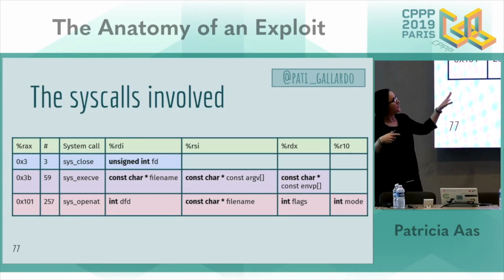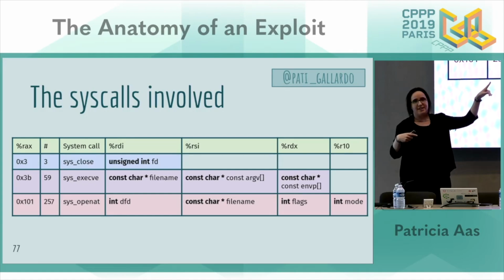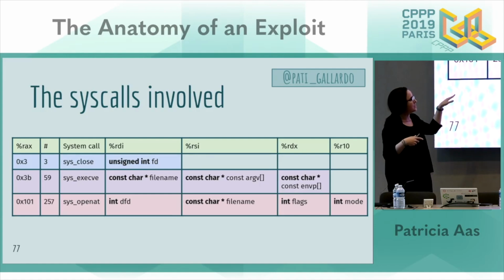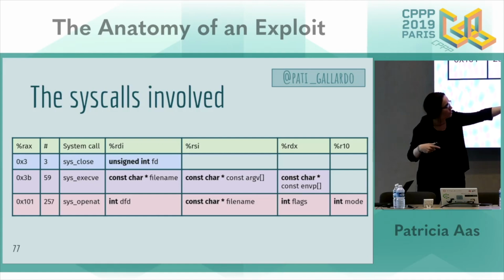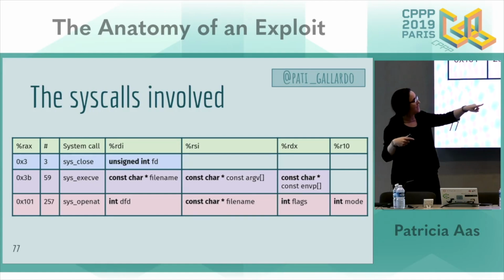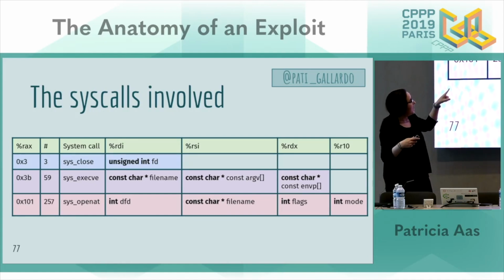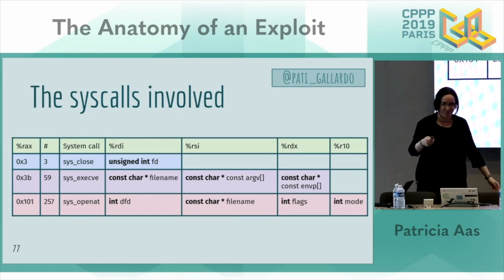And close is very simple. It only takes an unsigned int. But the other ones are kind of complicated, like open takes a whole bunch of arguments passed in different registers. So we have to emulate this to be able to do these system calls.